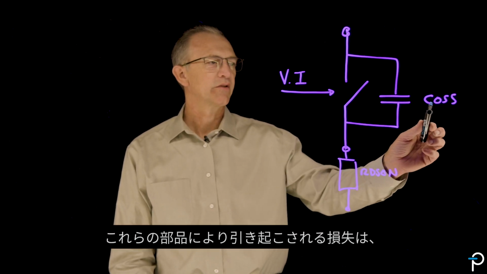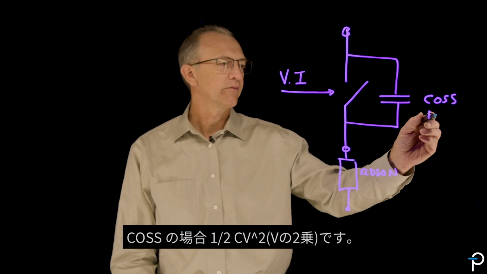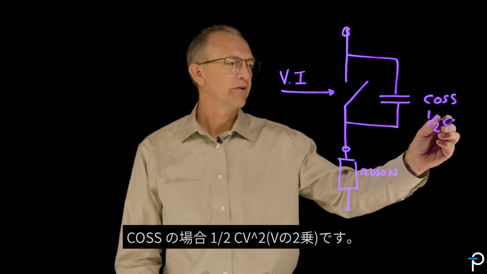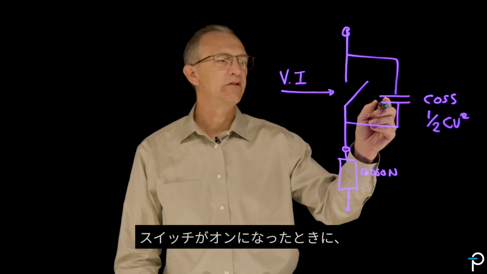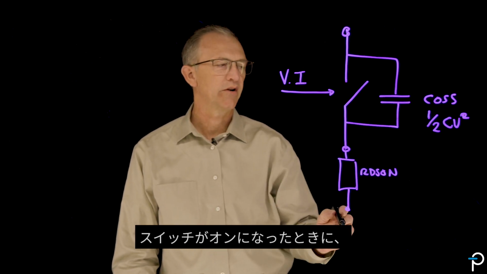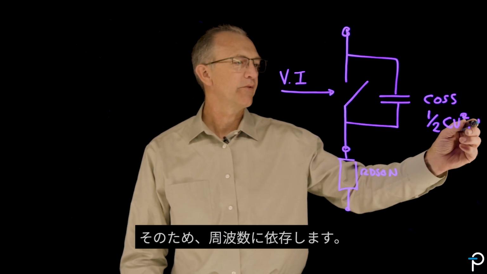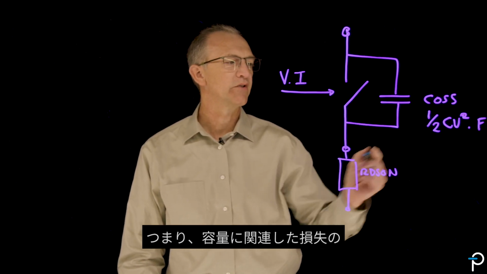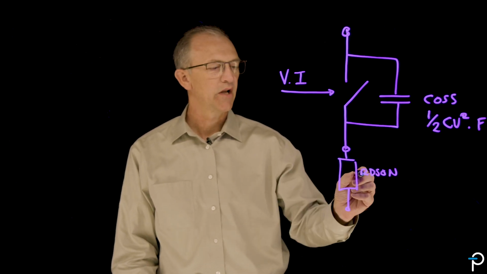The losses caused by these components are, for the COSS, half CV squared, and because it's a capacitance, it discharges through the RDS(on) when the switch is turned on. And so there's a frequency component. So half CV squared F are the losses associated with the capacitance.